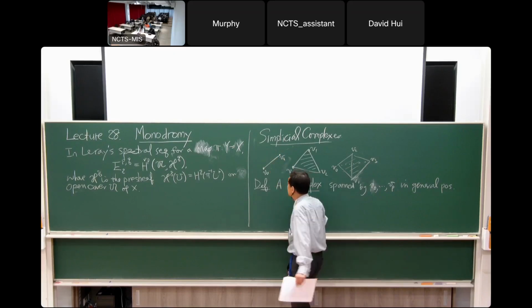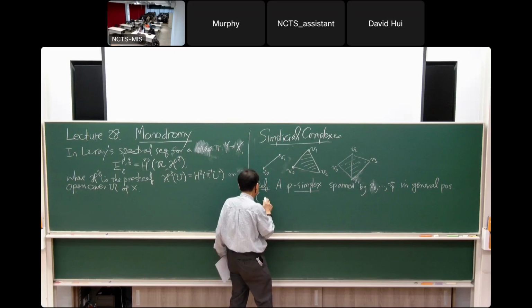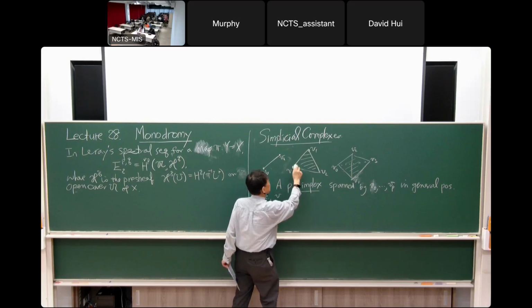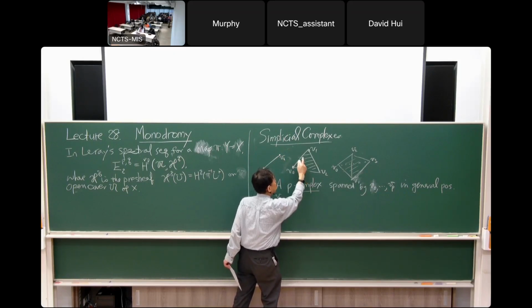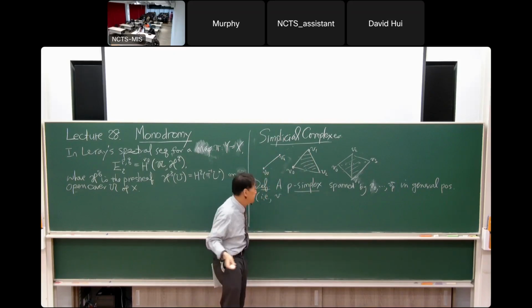General position really just means that if you fix one of the points, then you get vectors coming out of that point, and they're linearly independent.